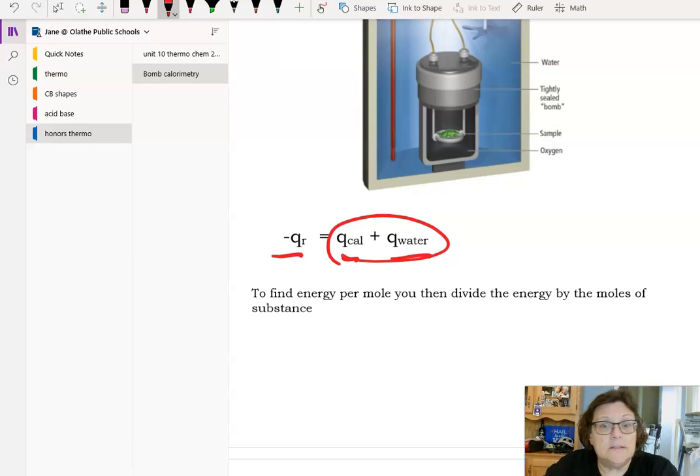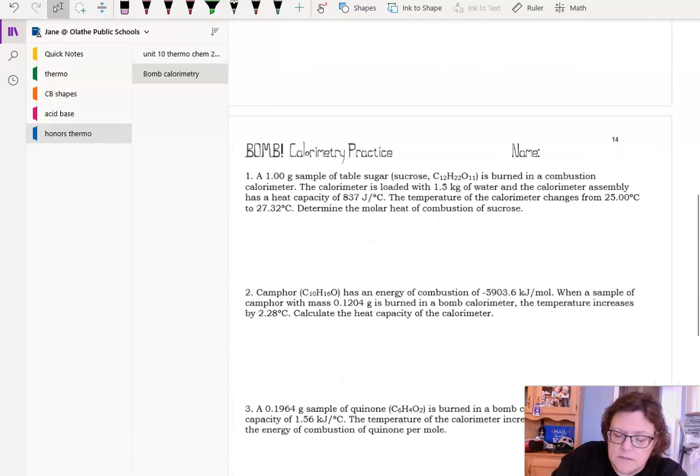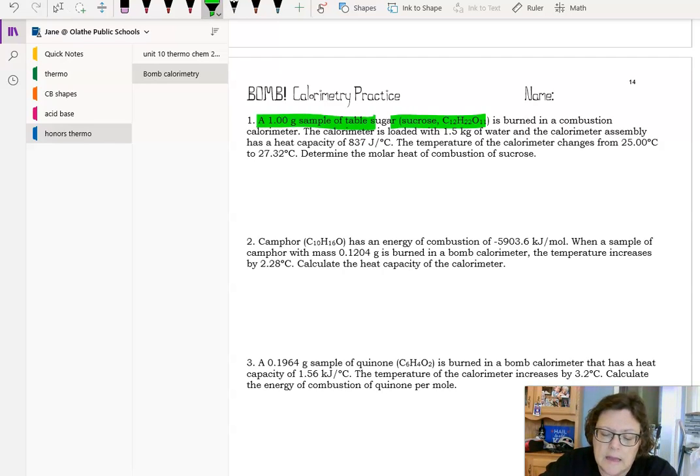So that is the basic steps that we have to do to calculate the energy in the bomb calorimeter. Now, the other thing that's going to be asked is how much energy per mole of substance. All right, so you just take that energy and you divide it by the number of moles of the substance you have.